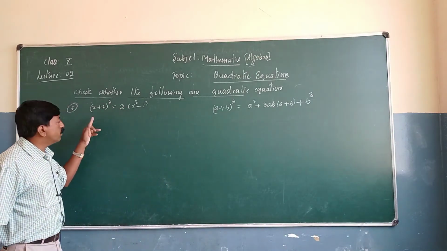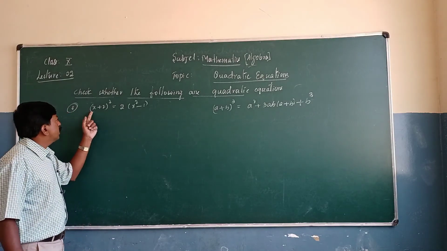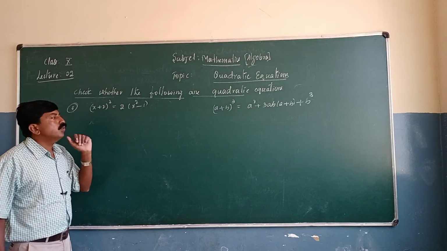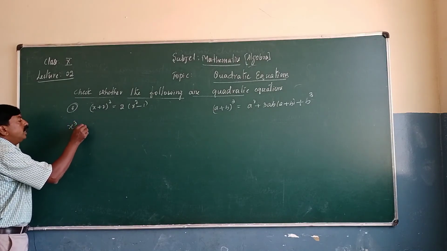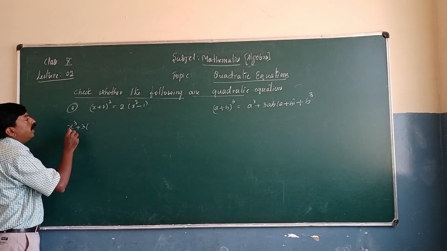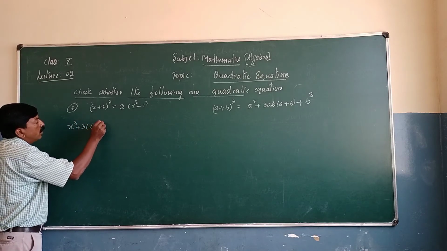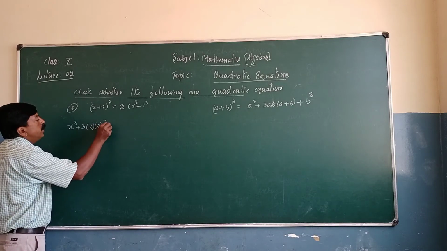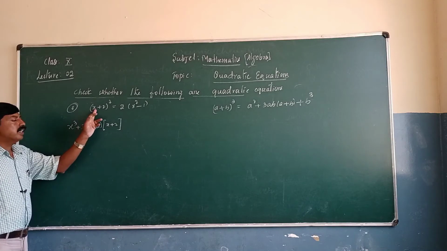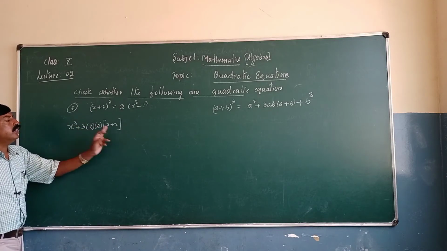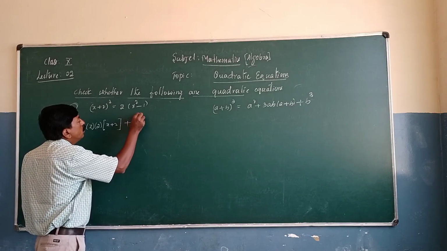So the given LHS is in the form of a plus b whole cube. a is x, b is 2. a cube, that is x cube, plus 3 into a, that is x, b, that is 2, into a plus b, that is x plus 2. Observe here, a cube plus 3ab into a plus b, plus b cube. b is 2 cube.